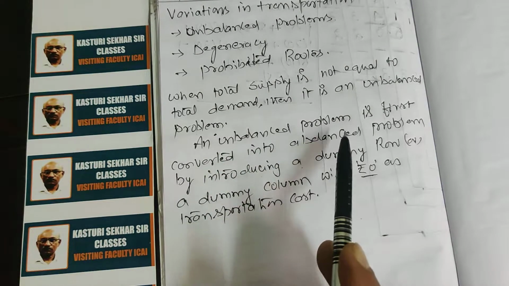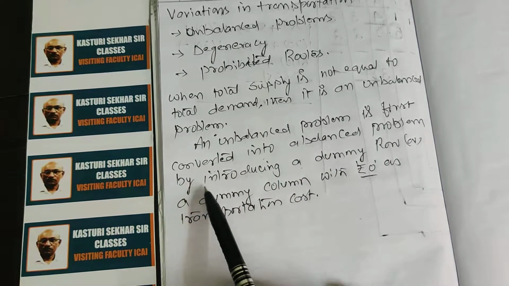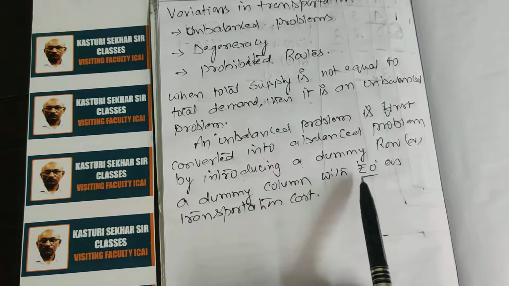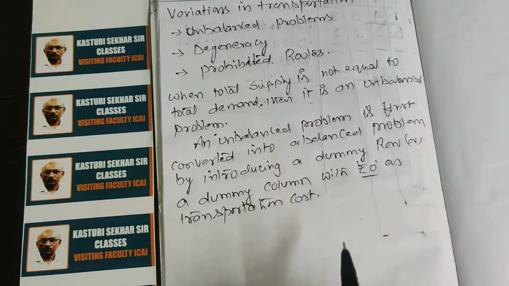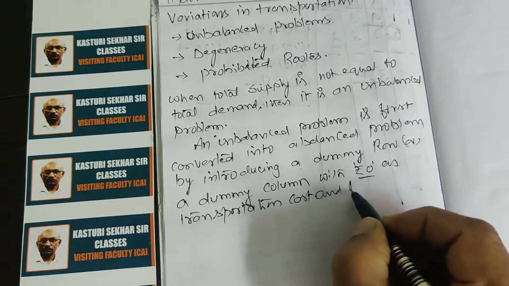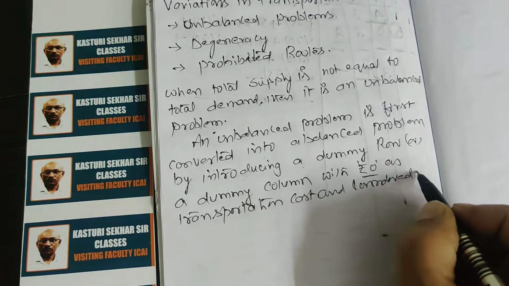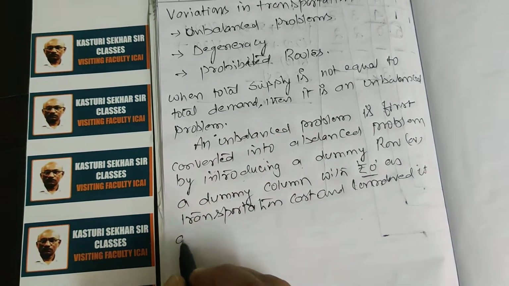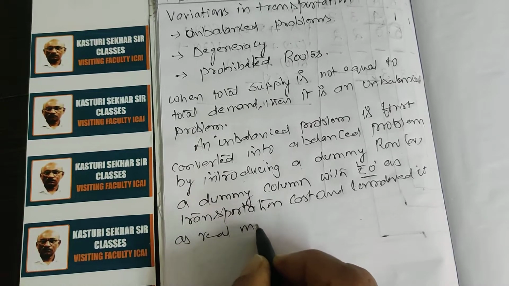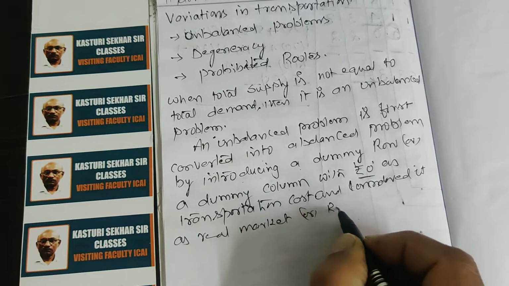An unbalanced problem is first converted into a balanced problem by introducing a dummy row or a dummy column with rupees 0 as transportation cost, and consider it as a real market or real factory.